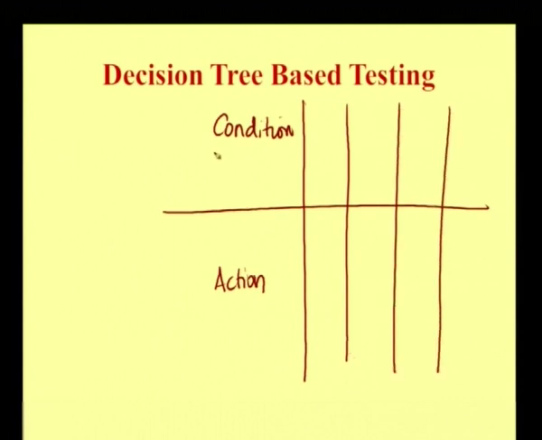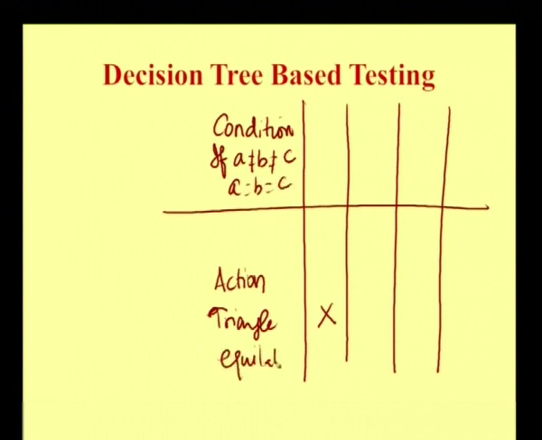On a condition check of if A is not equal to B, not equal to C, will this be a triangle? That becomes the first question. This is not a triangle that I am trying to mention. If A equal to B equal to C, this becomes an equilateral triangle, and I mention yes.